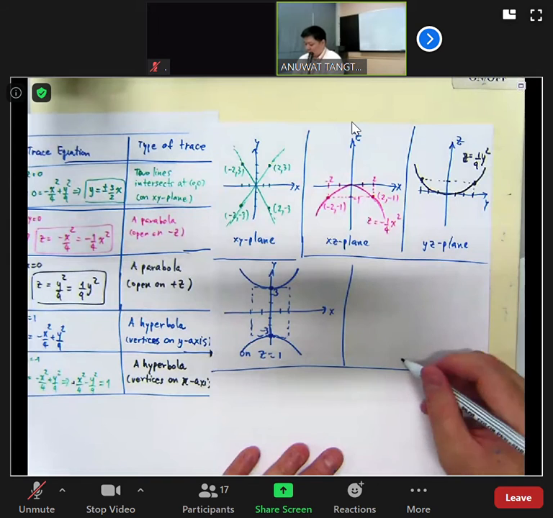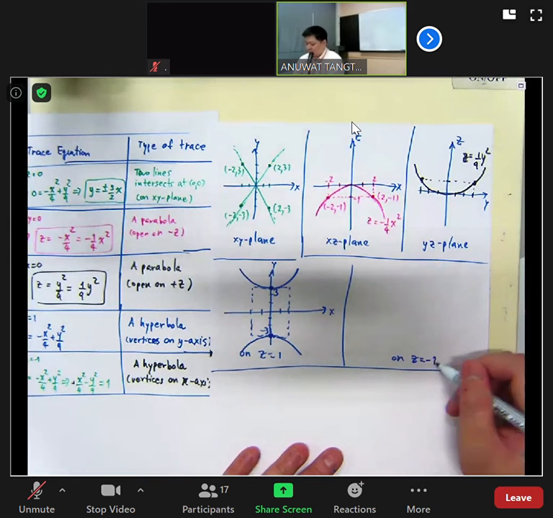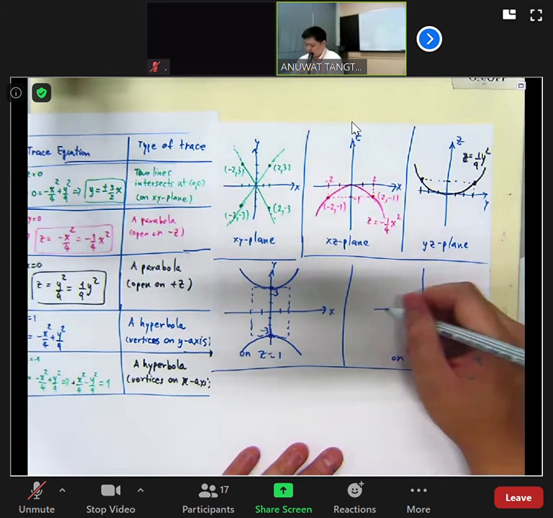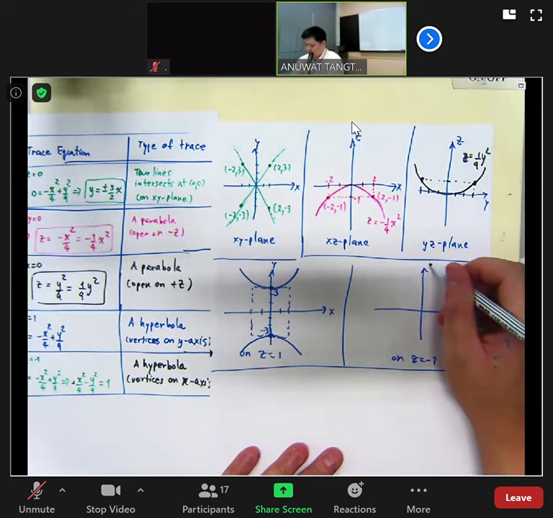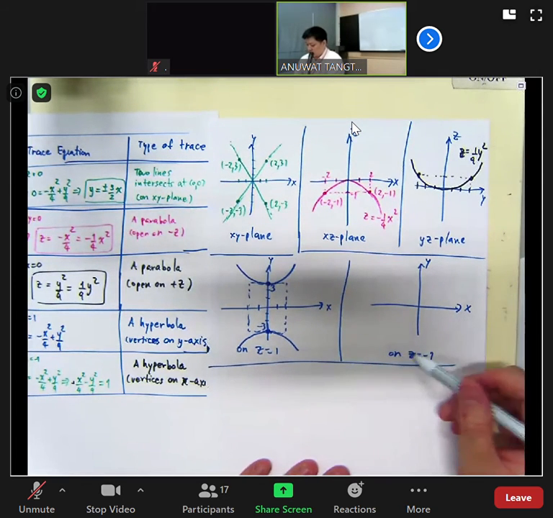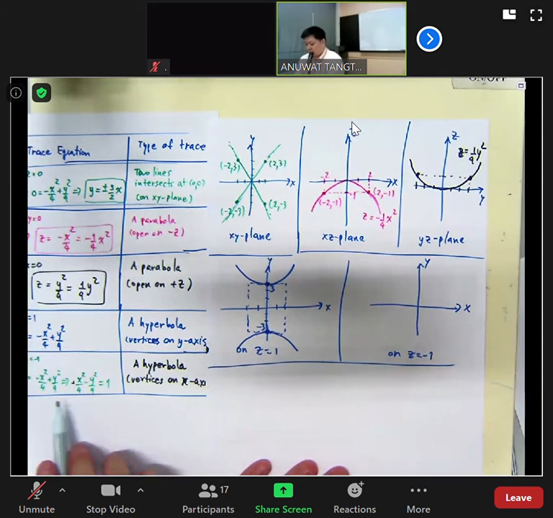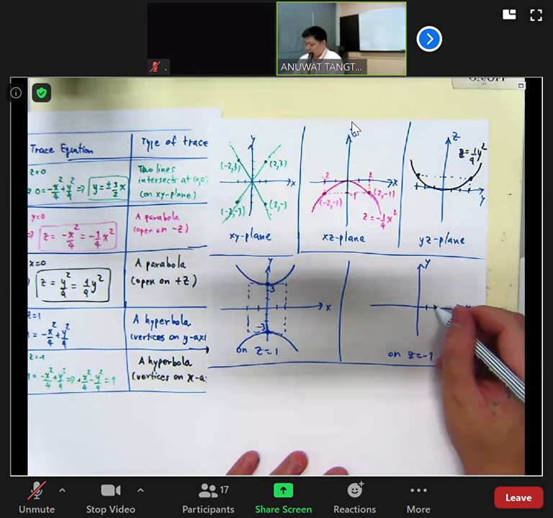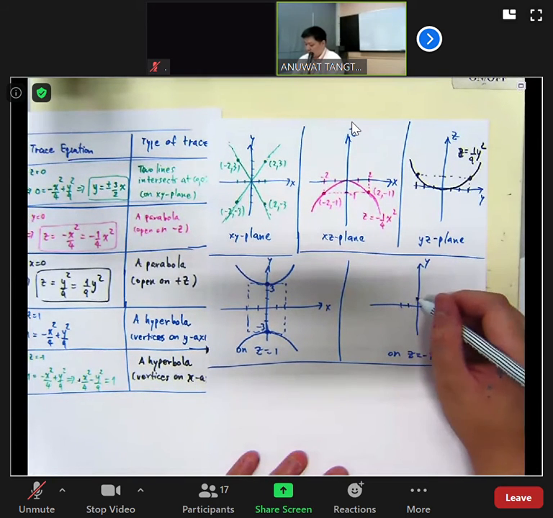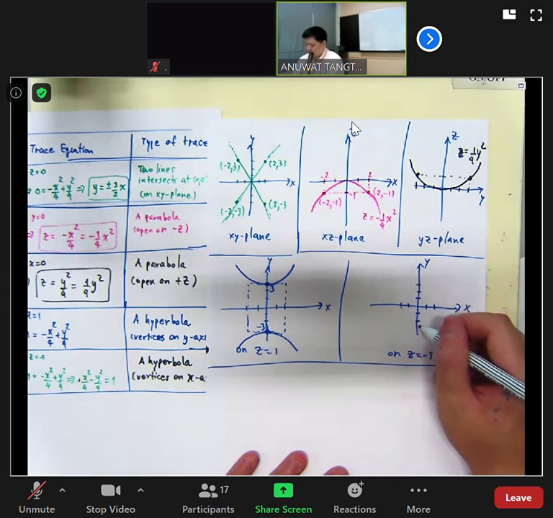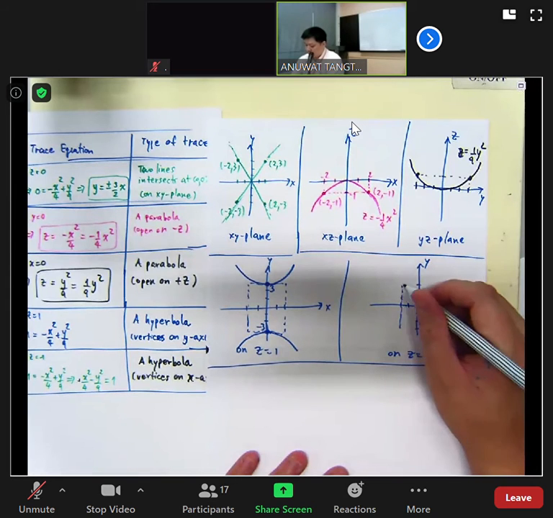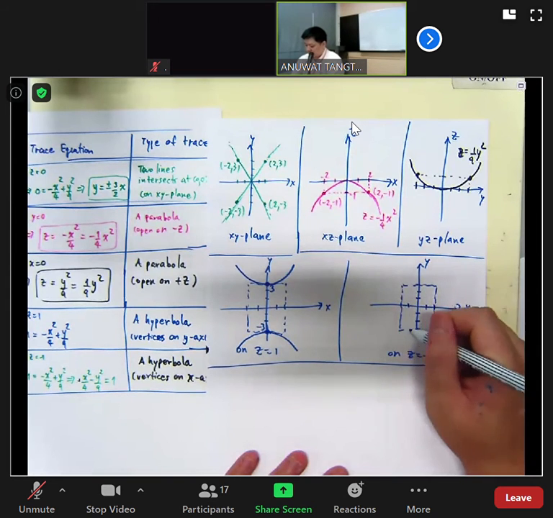Whereas another one on z equal to minus 1, this one under x is 2, under y is 3. So we have got this.